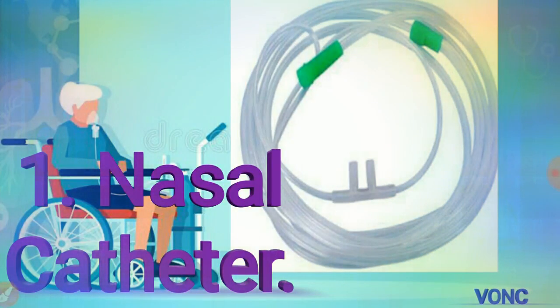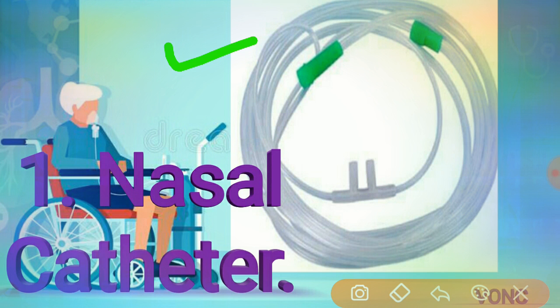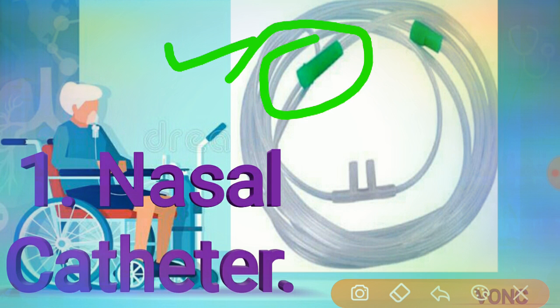So what is the first one? Nasal catheter. This picture shows the nasal catheter. These nasal catheters are used less frequently nowadays, because it involves inserting an oxygen catheter, a simple rubber catheter, into the nose. How do they insert it? Nasal means nose.